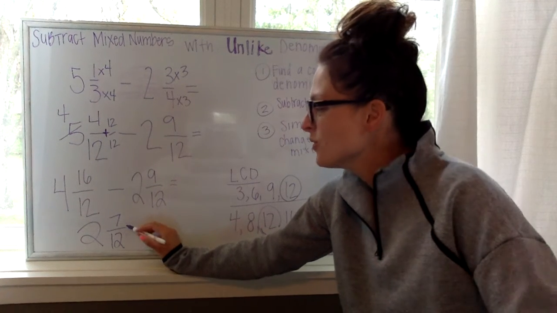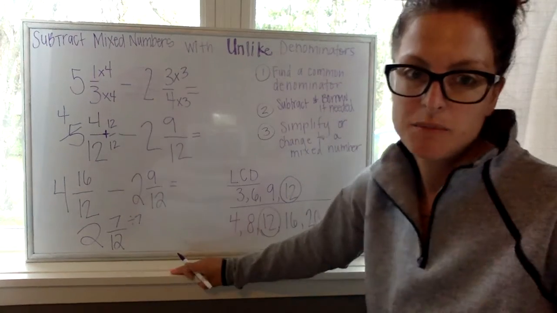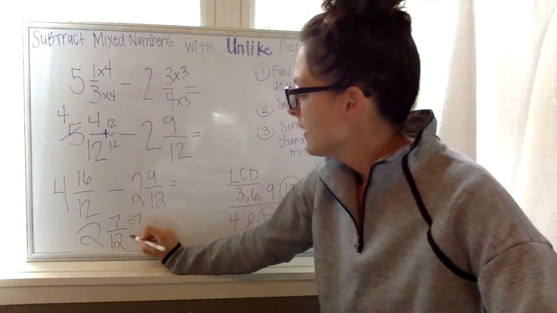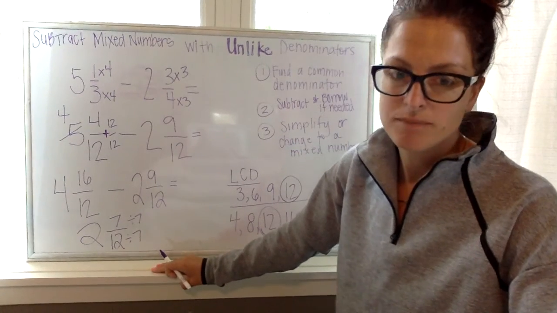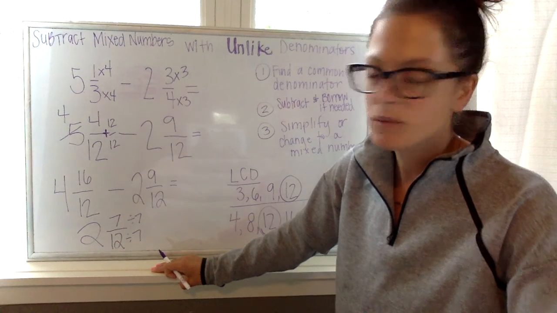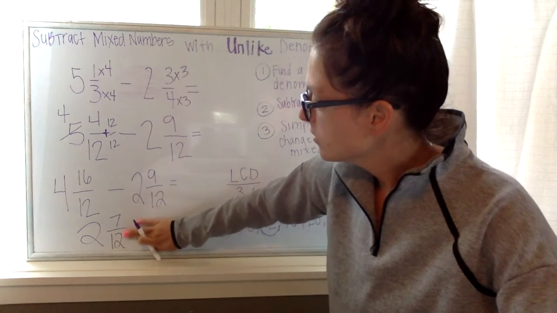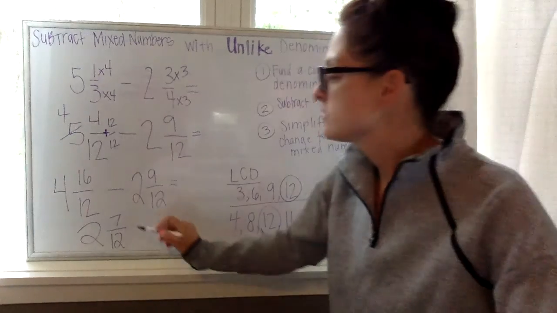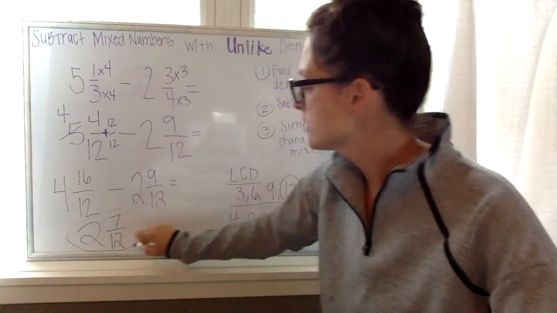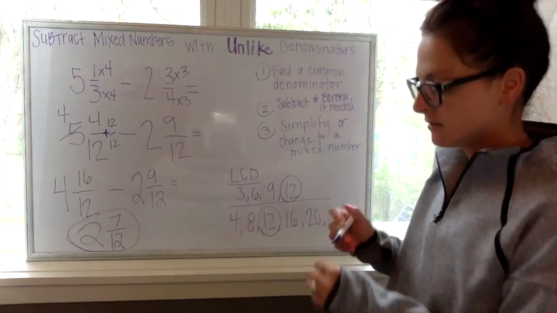Nope. So the only thing that can be divided into 7 is if I divide by 7. That gives me 1. But if I divide 12 by 7, that's not going to come out evenly. It's going to go in there 1 point something times. So our fraction is already simplified. So 2 and 7/12 is going to be my final answer.